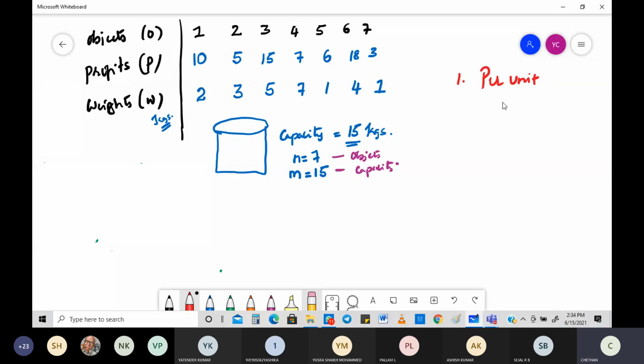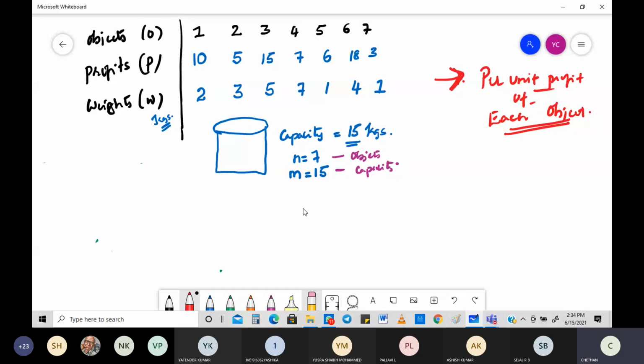So what is that something that we are going to look for? We are going to figure out the per unit profit of each object. If you know the per unit profit of each object, then we can easily figure out the strategy to be put in here. That's the problem that you're going to look for.